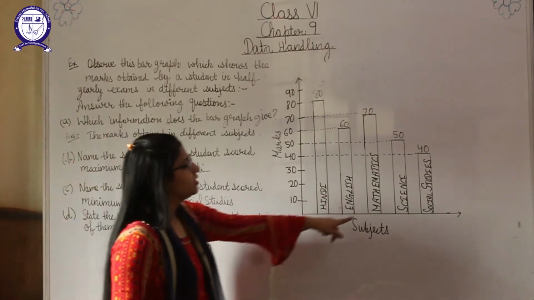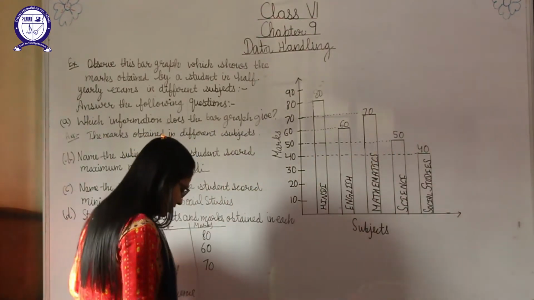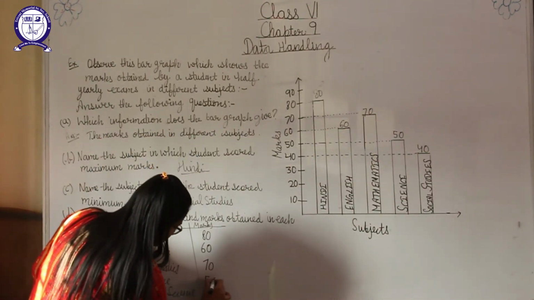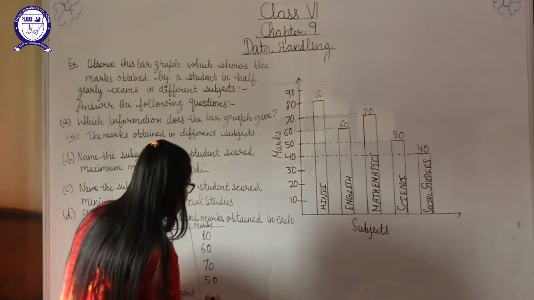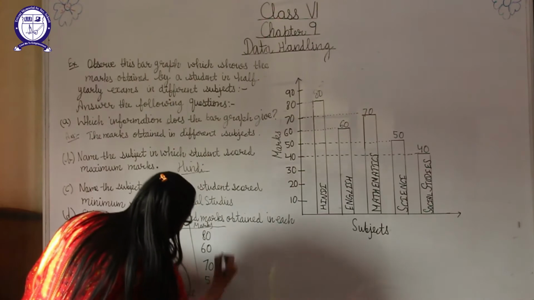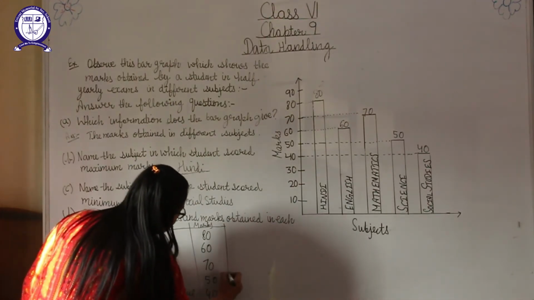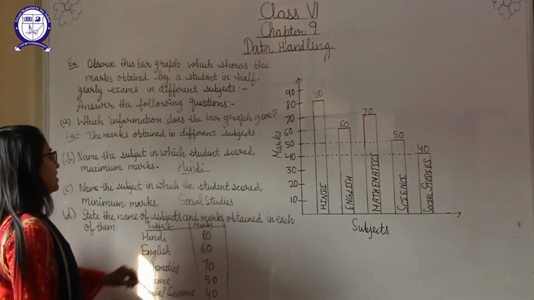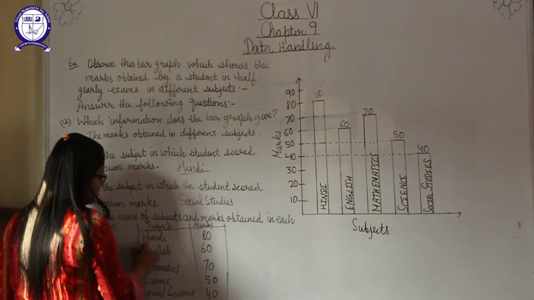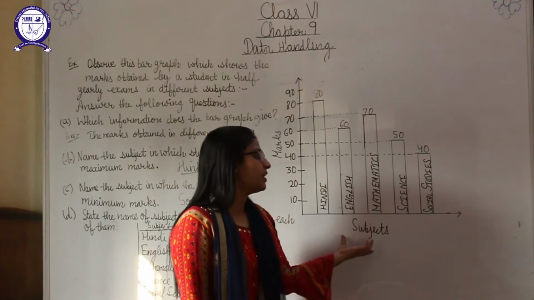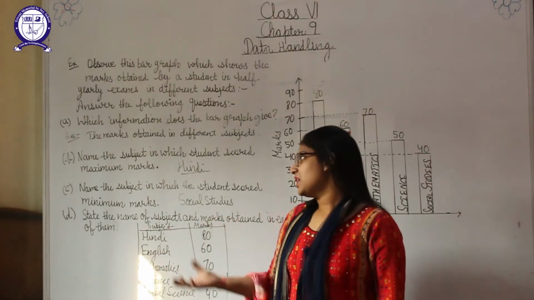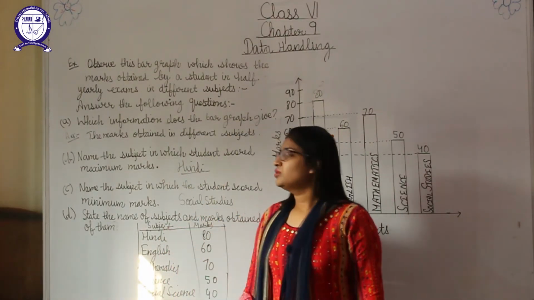In Science 50 marks, so we will write 50 here. In Social Science 40 marks, so we will write 40 here. Like this, you can draw a table in which subjects are shown and marks are also shown. So students, you can do the questions related to bar graph. If a bar graph is given and questions are asked to you, you can do like this.